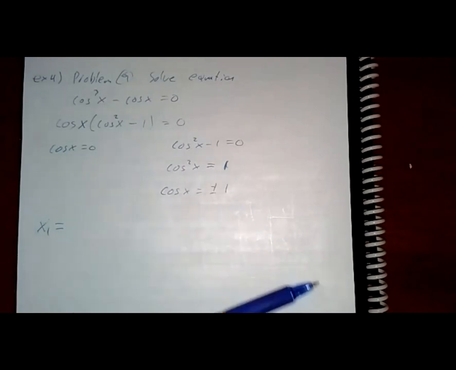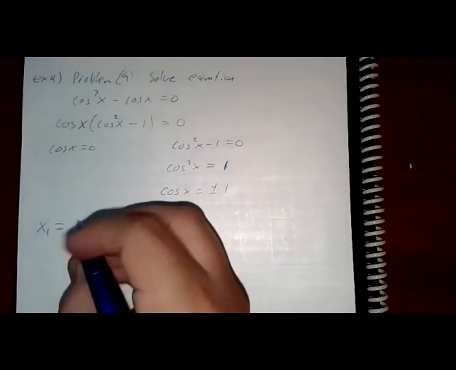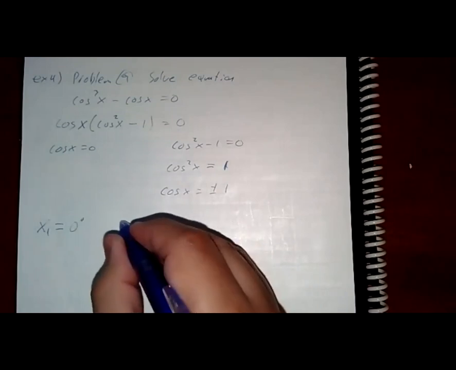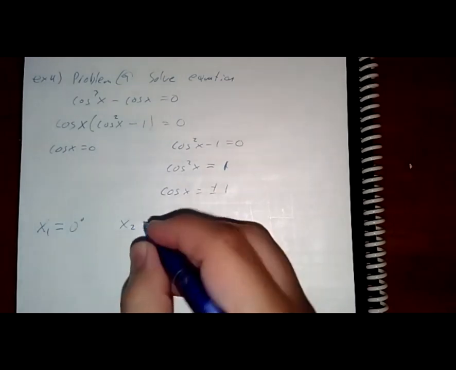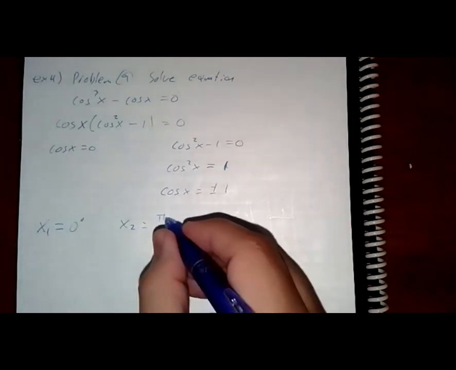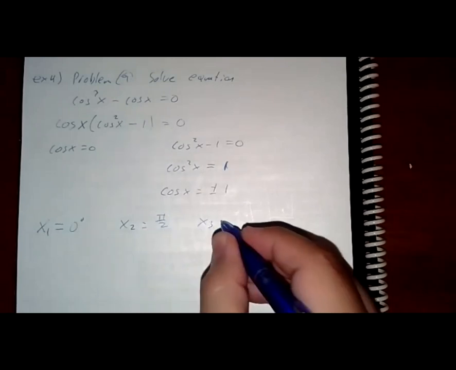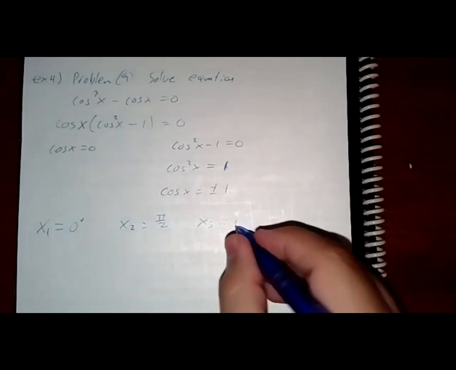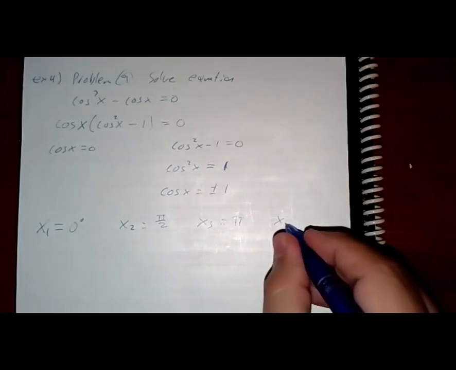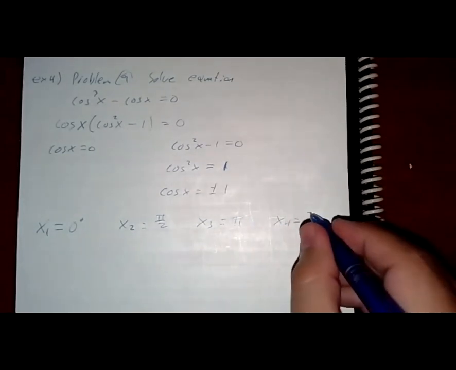All right, so you agree that the solution for this using the circle or your calculator is, x1 is going to be 0. x2 will be pi over 2. x3 will be pi. x4 will be 3 pi over 2.